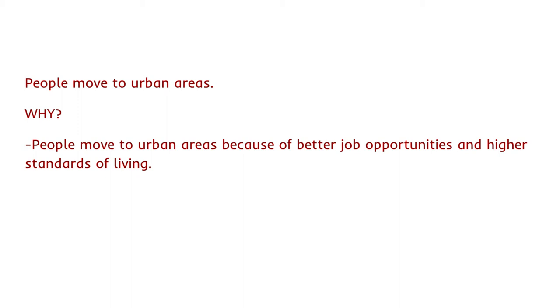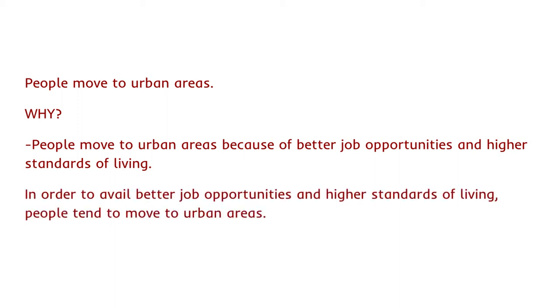So this makes your complex sentence. Or you can say, in order to avail better job opportunities and higher standards of living, people tend to move to urban areas. So, in this way, you can add details to whatever you are talking about and make a complex sentence. Let's move to the next idea.